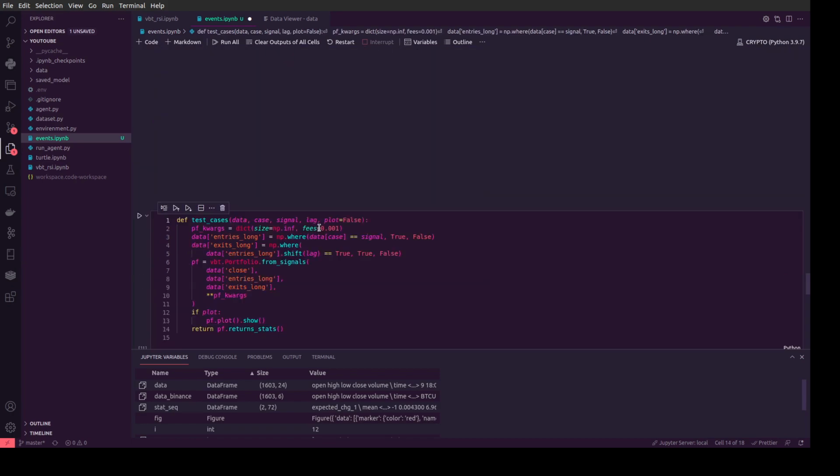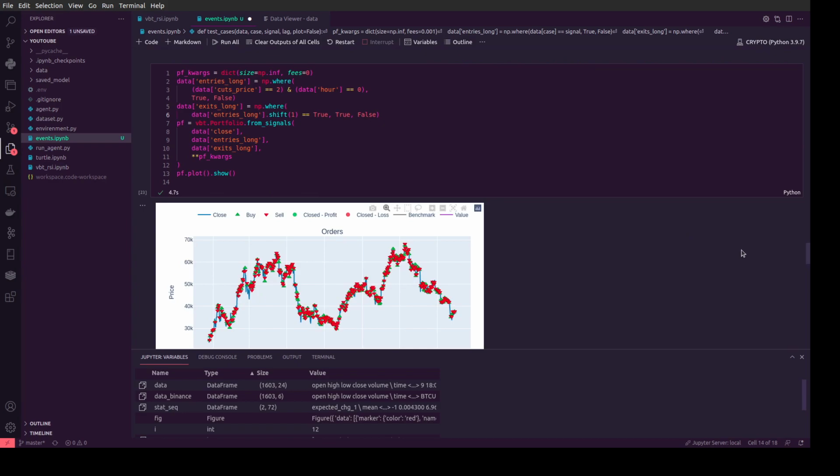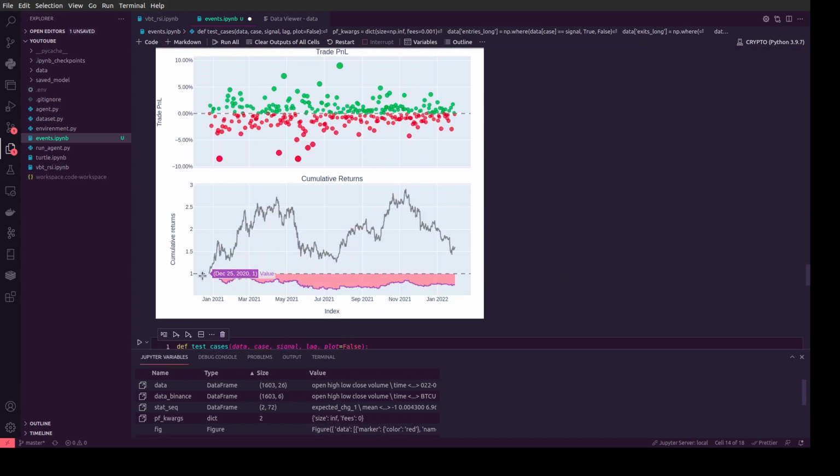Let's look at what happens, and we should see some decrease of this strategy, and you see we have a negative profit. It means we shouldn't trade at this time. We should avoid this situation, or we should find another situation.